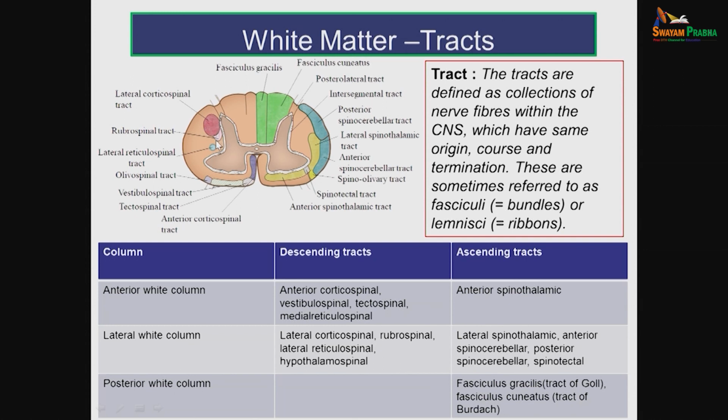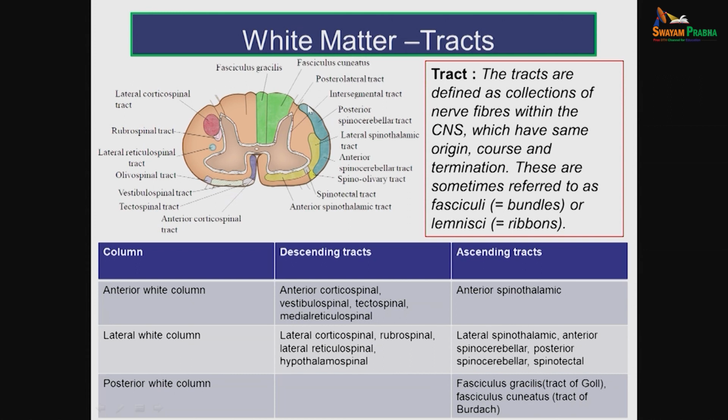Then you have rubrospinal and lateral reticulospinal, along with possibly hypothalamospinal. In the anterior white column, you have the anterior corticospinal, seen on either side of the anterior median fissure. Other than that, smaller tracts like vestibulospinal, tectospinal and medial reticulospinal are seen. All these are labeled in the picture.